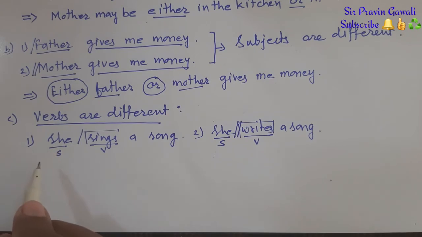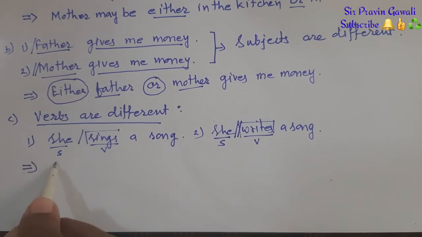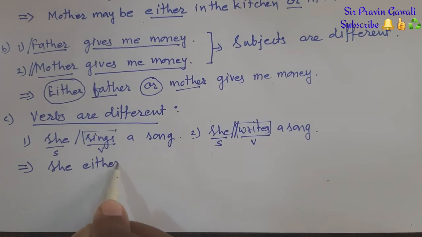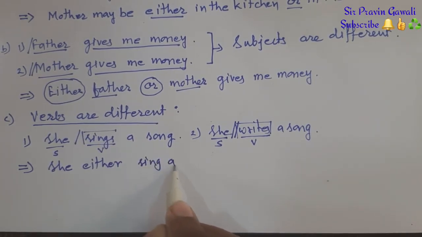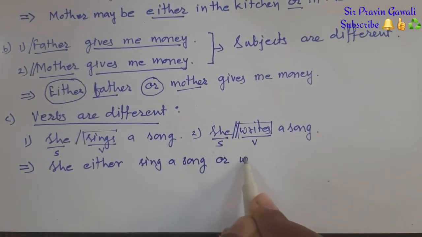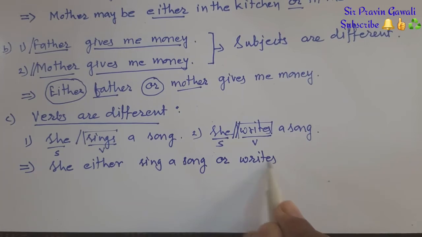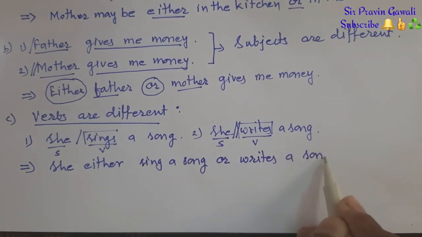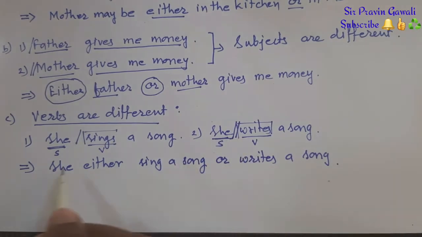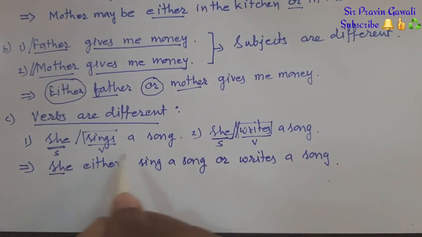So the sentence will be like this. She either sings a song or writes a song. The subject she is similar, and the rest of the part is different.